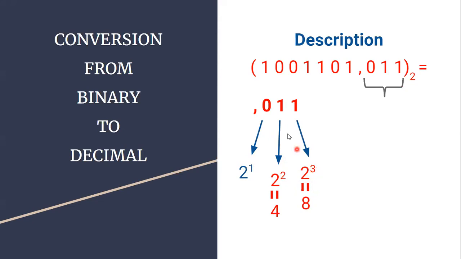I start numbering from the left side. For the integer part of the number, I started numbering from the right side, from 0: 2 to the power of 0, 2 to the power of 1, 2 to the power of 2, and so on.